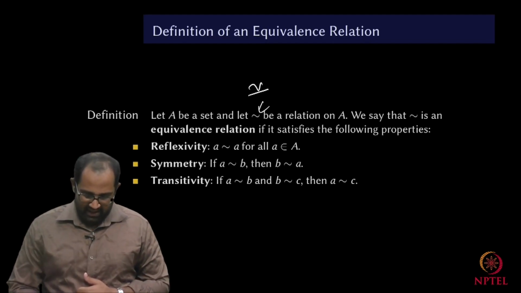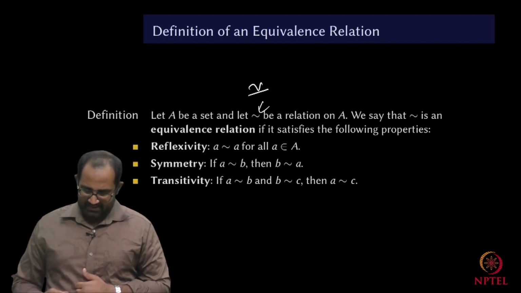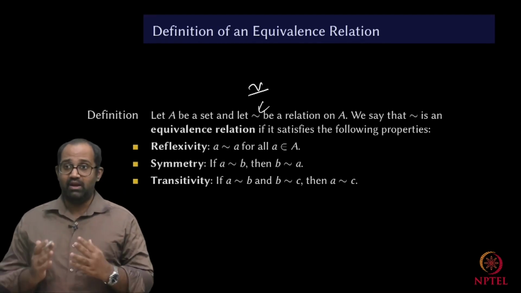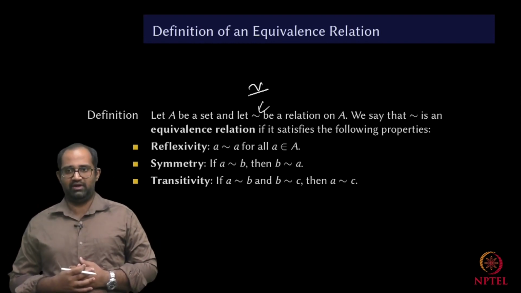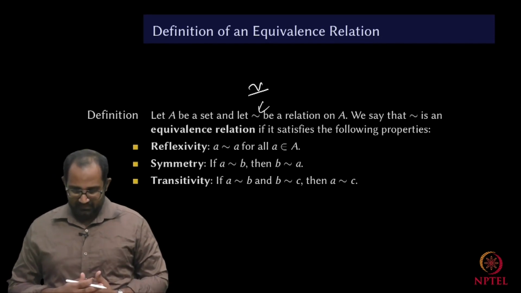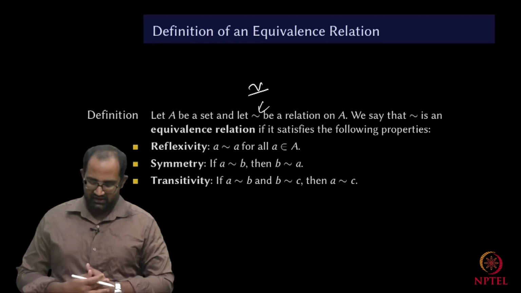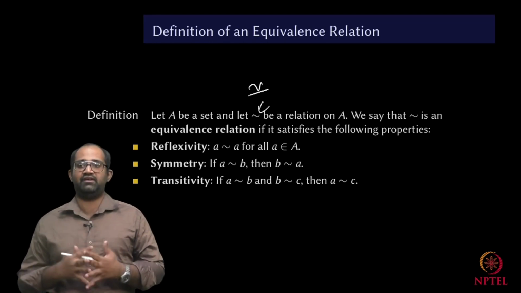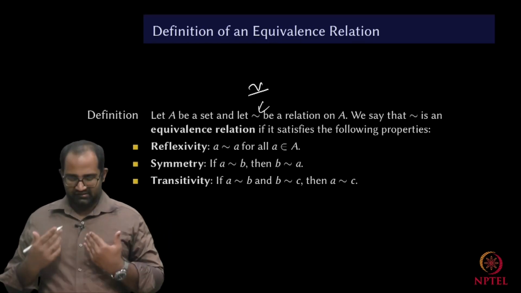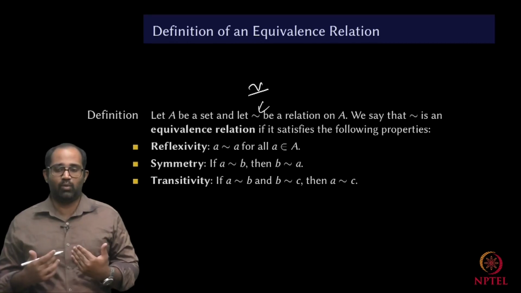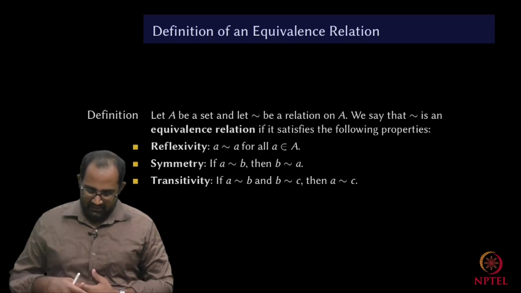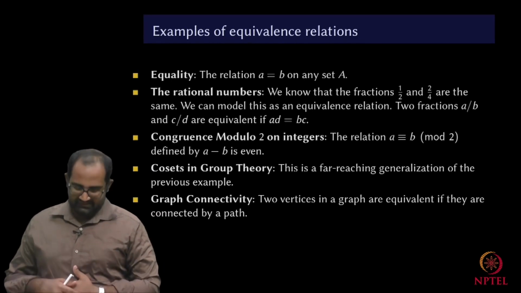So, we have: let A be a set and tilde be a relation on A. We say that tilde is an equivalence relation if it satisfies the following three properties, namely reflexivity, A is always related to itself; symmetry, if A is related to B, then B is related to A; finally transitivity, if A is related to B and B is related to C, then A is related to C. So, as you can see, we have just taken the three key properties of equality and generalized them to an arbitrary relation. Let us see some examples.